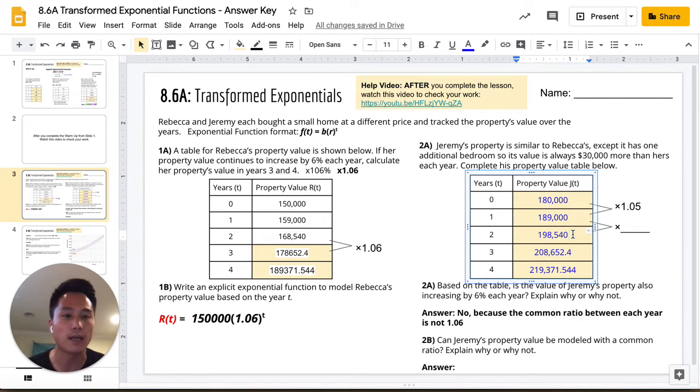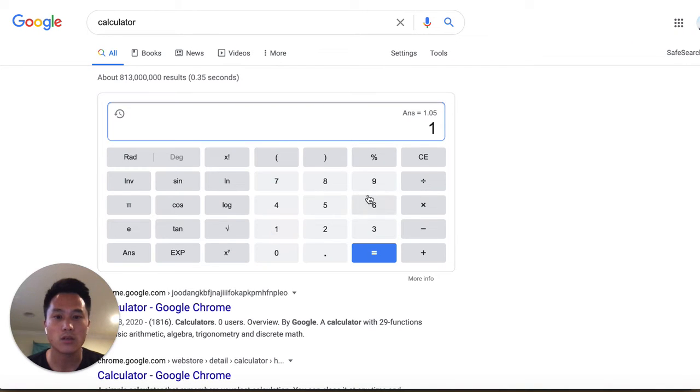Let's see if the difference between year 1 and year 2 is also a ratio of 1.05. So I'm going to divide year 2 by year 1 to see what the ratio is. So 198,540 divided by year 1, which was 189,000, equals, okay, so it's very close to 1.05, but it's actually a slightly different number.